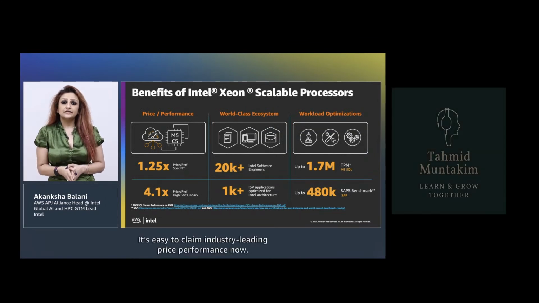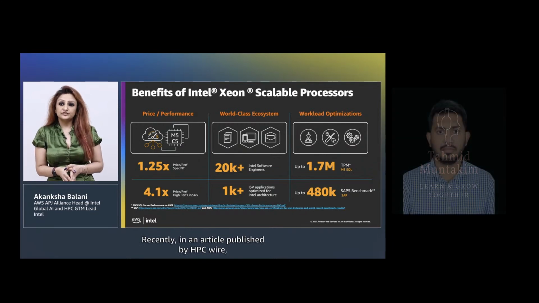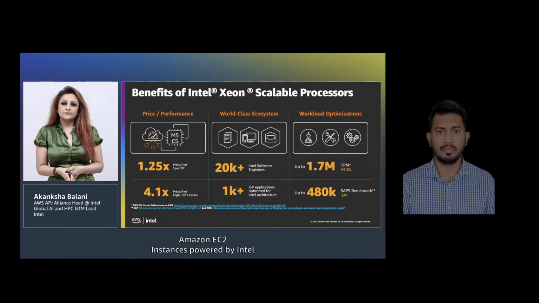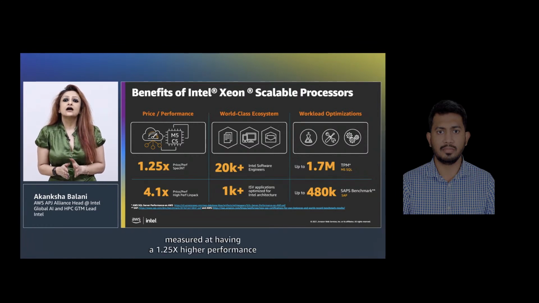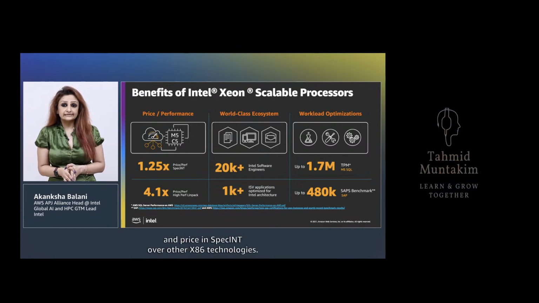It's easy to claim industry-leading price performance, but I'd like to back that up with data. Recently, in an article published by HPC Wire, Amazon EC2 instances powered by Intel measured at having a 1.25x higher performance and price in SpecInt over other x86 technologies. Why does this matter?